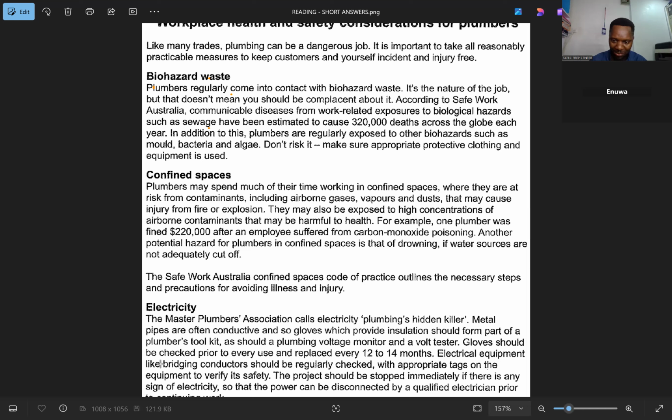Please, are we following what's happening here? Yeah. So you want to be sure that where you are looking at with regards to your right answer is where it is. Electrical equipment like bridging conductors should be regularly checked with appropriate tags on or on the equipment to verify its safety. Now look at what the question says.